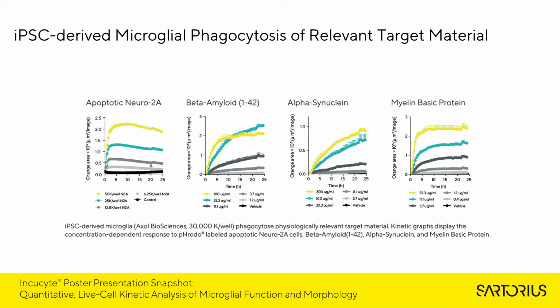So we can use the Incucyte pHrodo reagent to not only label the apoptotic cells, but also label this other relevant target material. In this case, as I said, beta amyloid, alpha-synuclein, and myelin basic protein. All of these things are shown to have been cleared by microglia. So it's important not only to look at their ability to clear these dying neurons, but also to look at this other protein material.